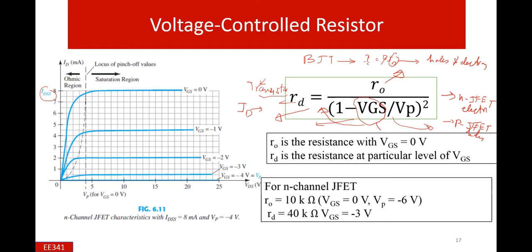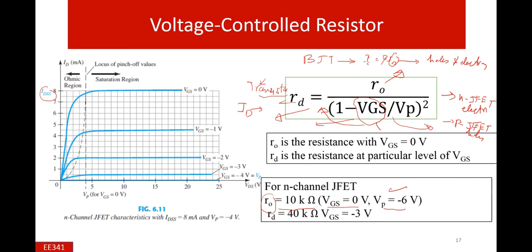For example, for the particular case of an N-channel JFET, suppose this resistance R0 is given as 10 kilo ohm at VGS equal to 0, and the pinch-off voltage is -6. So this is the R0 value defined at this VGS value, and VP is also given.